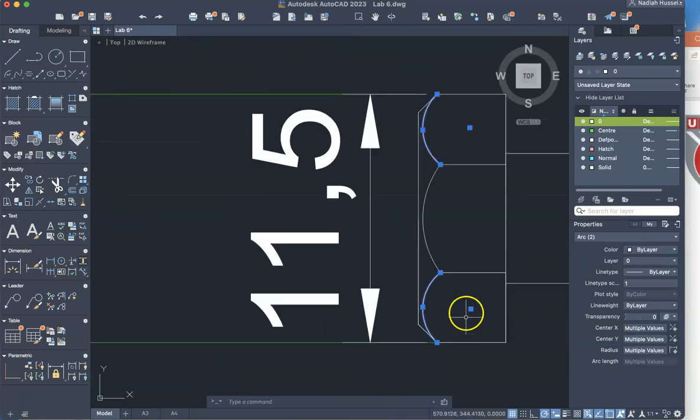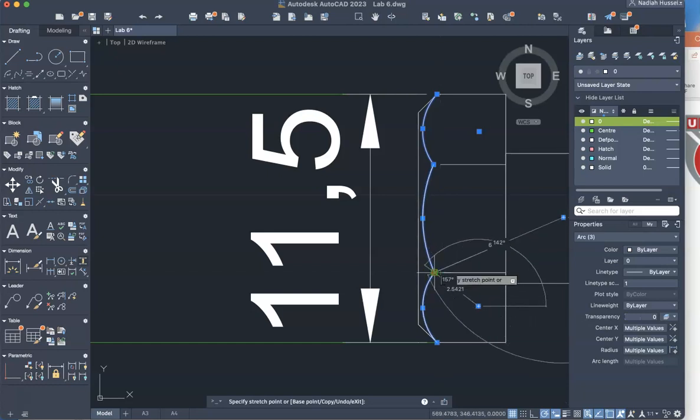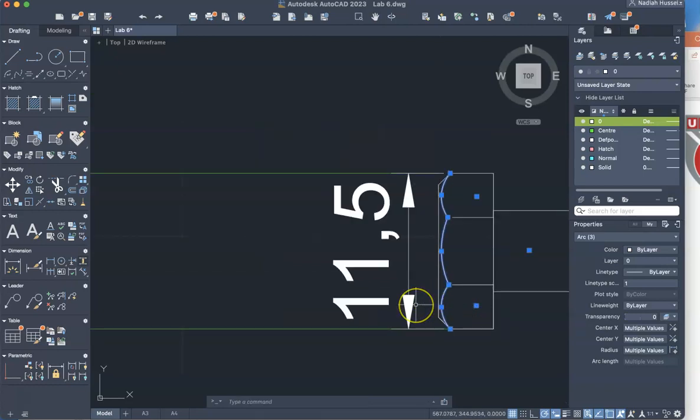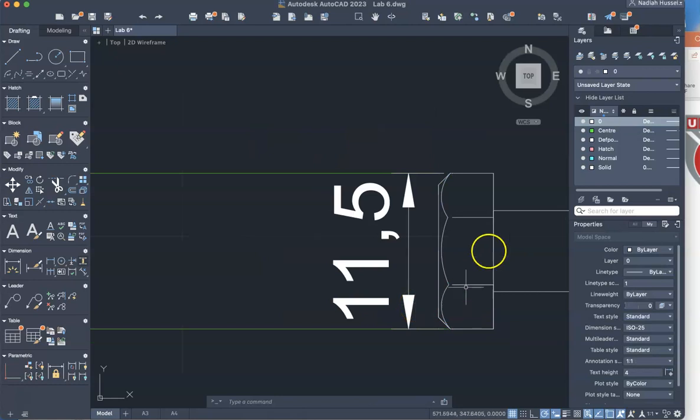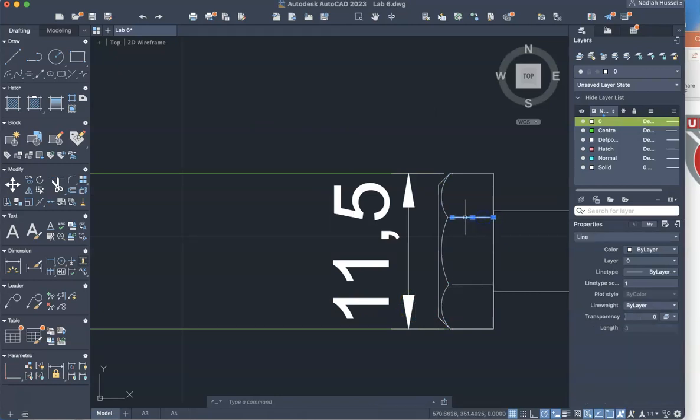Okay. And these guys, let's move it a bit upwards. Just slightly. Okay, now it looks much better. Extend this line to intersect.